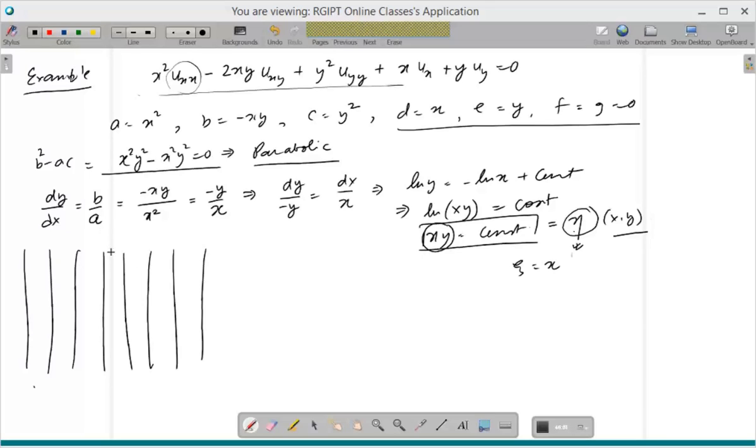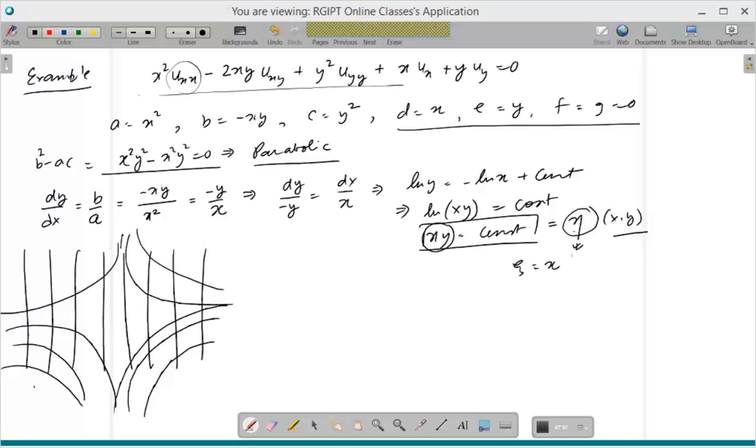I'm not drawing it properly, but you get the idea. On this kind of grid, this equation will transform to a much simpler form, having only one term, which is this term.